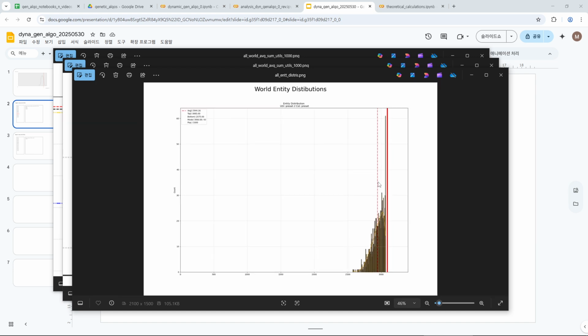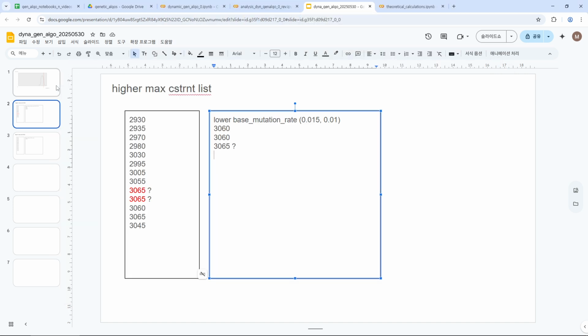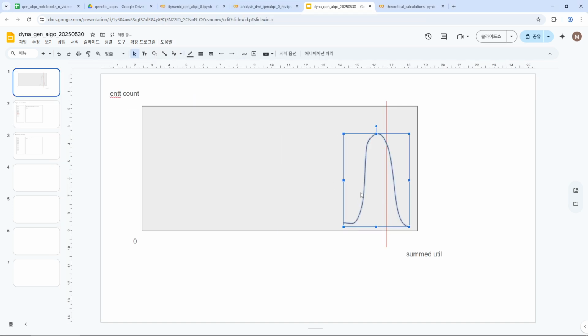But I think, yeah. So a lower base mutation rate, it could be said that a lower base mutation rate skews the distribution to the right, or shifts the distribution to the right, like that. What used to be here could now be moved here.